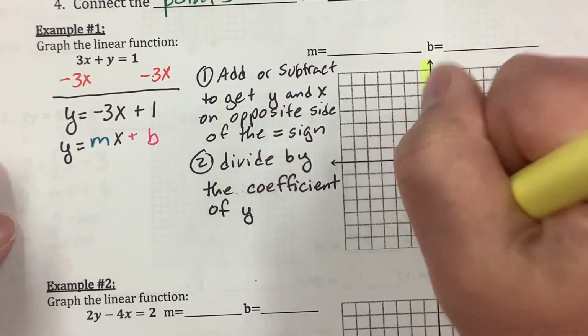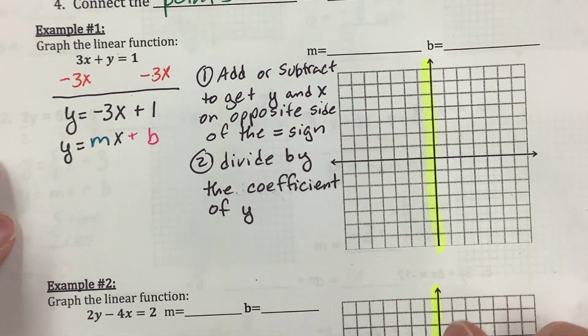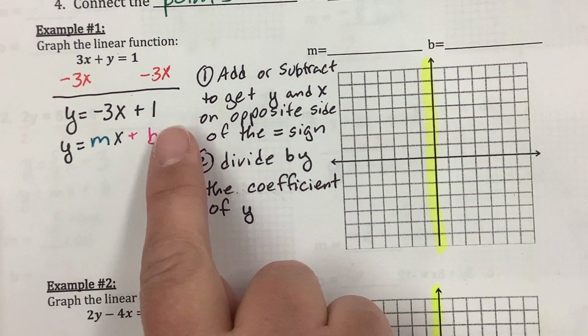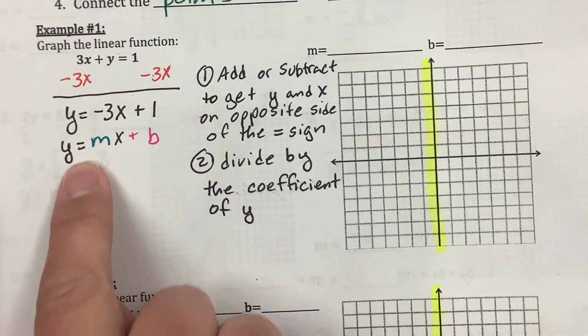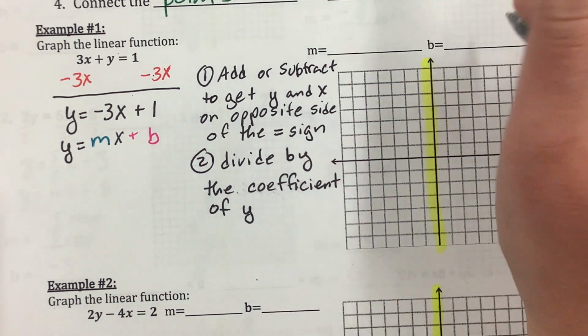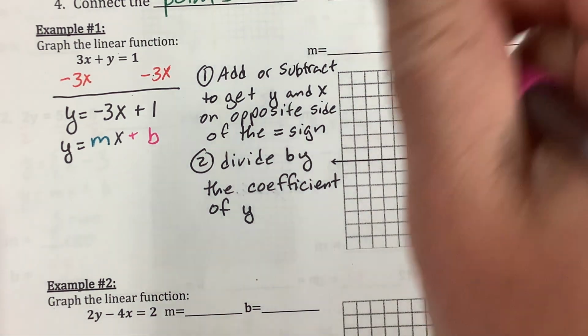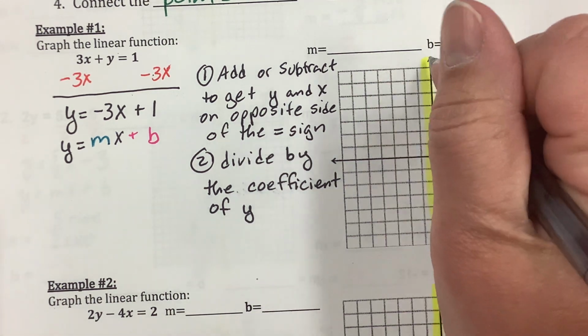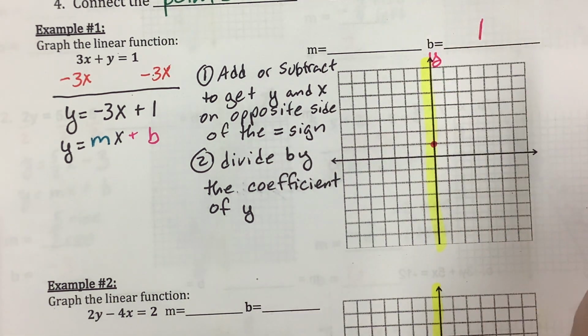There's my highlighted y. Before I forget to highlight my y's, I'm just going to do that first. All right. So graph the linear function. I have m as negative 3 and b at 1. So b is 1. And I begin at point 1 on the y line.